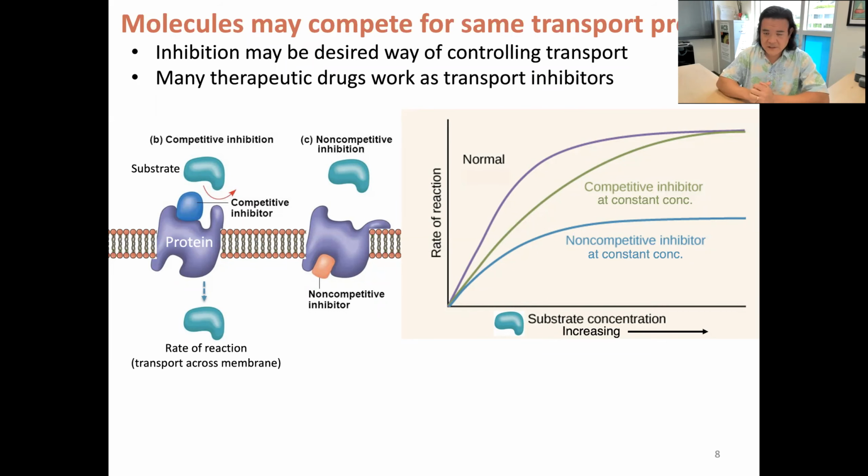So why is this important? Because if you're talking about designing pharmaceutical drugs, medications that work by, let's say, preventing cells from moving certain molecules into them, for example, certain types of molecules involved in neurotransmitters being sent between different neurons, a competitive inhibitor would still work.